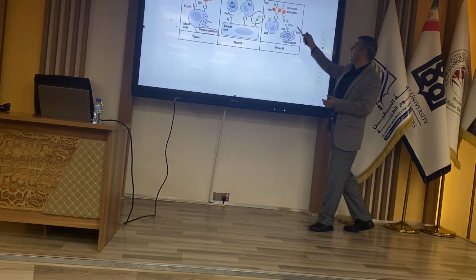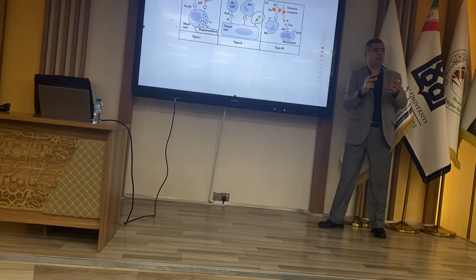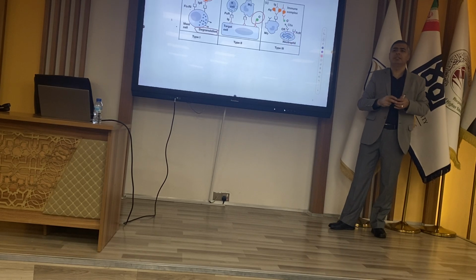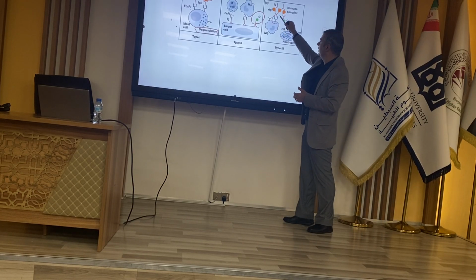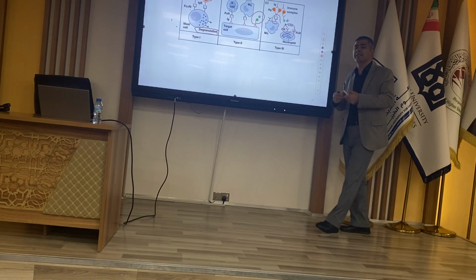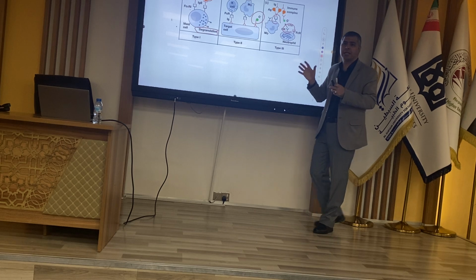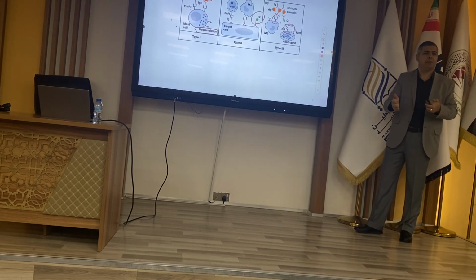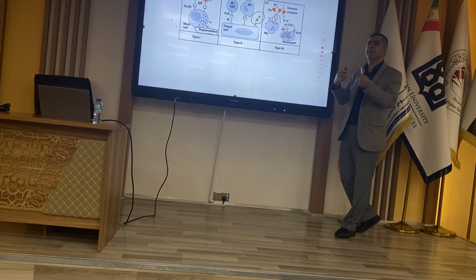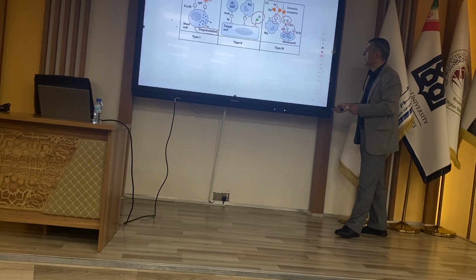In type 3, we have immune complexes, complexes made of multiple antigens and antibodies attached to each other, and now they can bind to Fc receptors in different cells, and we have deposition or trapping of these immune complexes on blood vessels, mainly capillaries, where we have activation of complement again and inflammation.